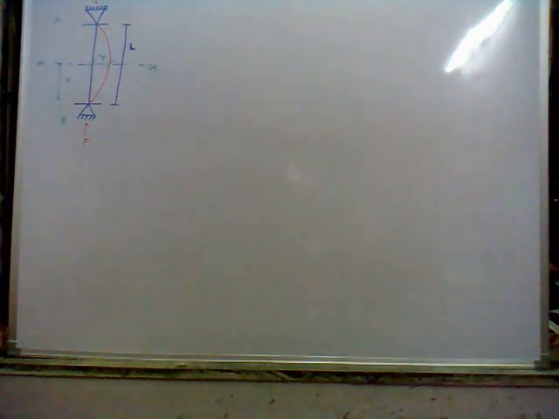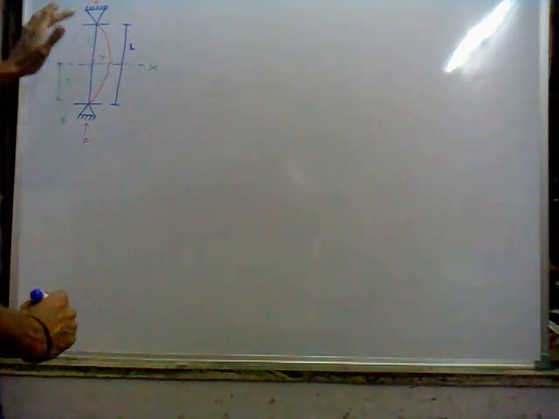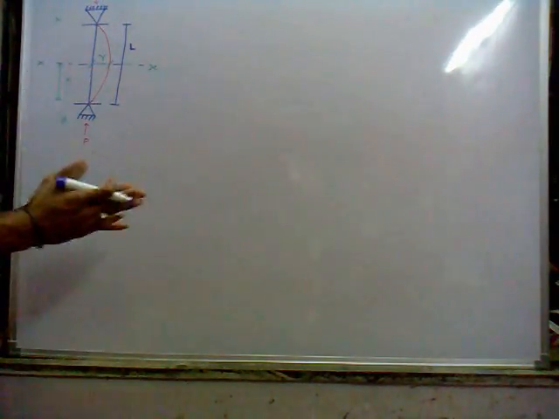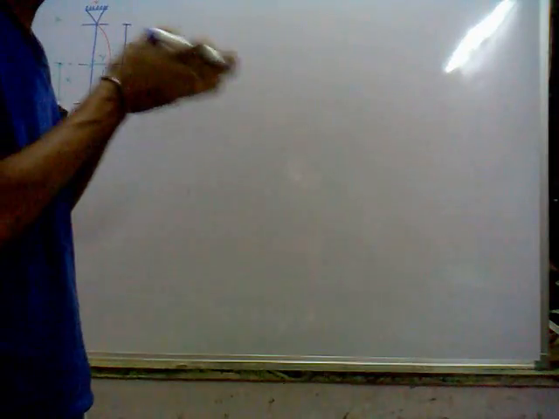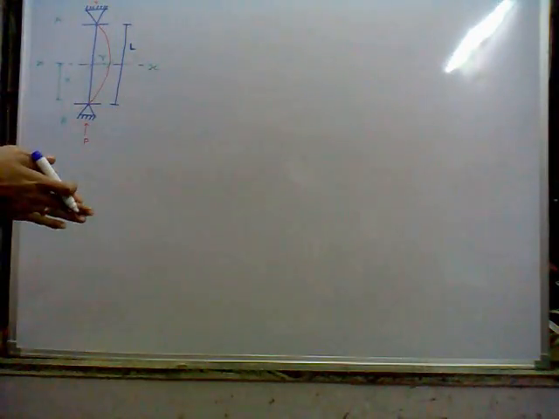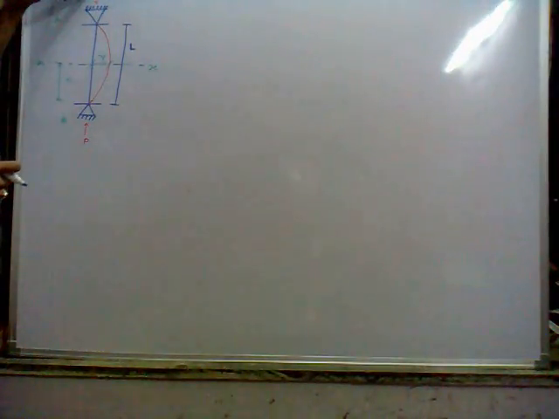Now we proceed toward the derivation. We take the moment at this point. The formula for moment is force into perpendicular distance. This is the force and y is the perpendicular distance.